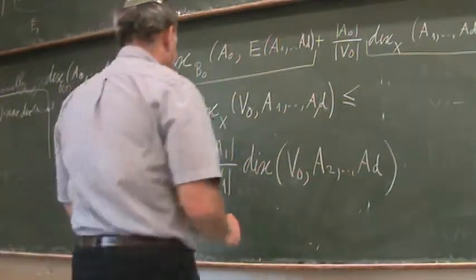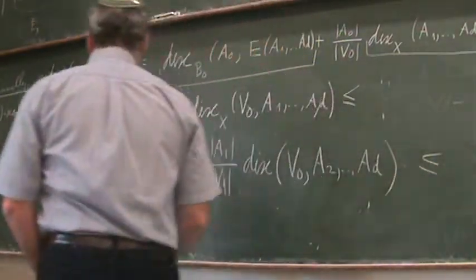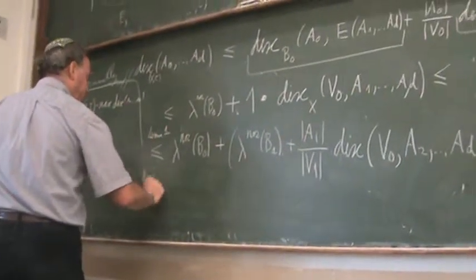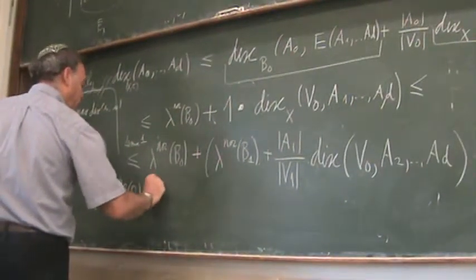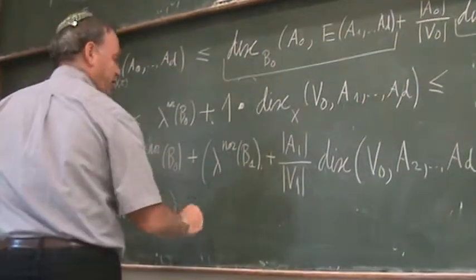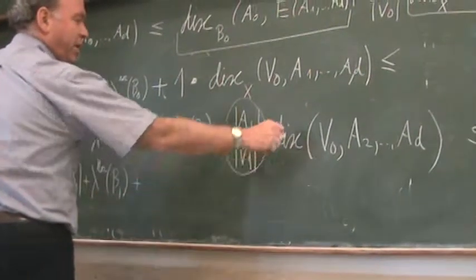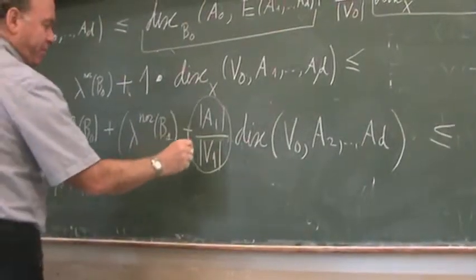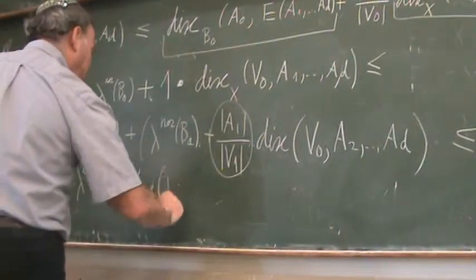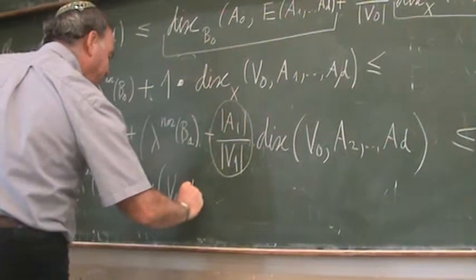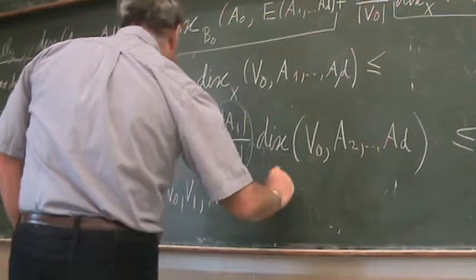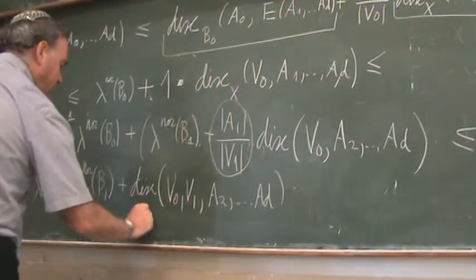So, okay, and this is at most lambda normalized B0 plus lambda normalized B1 plus, now this I can replace by 1, this is at most 1, and this discrepancy I can do by the same argument. It's the discrepancy of V0, V1, A2, up to AD. This is again using lemma 0.